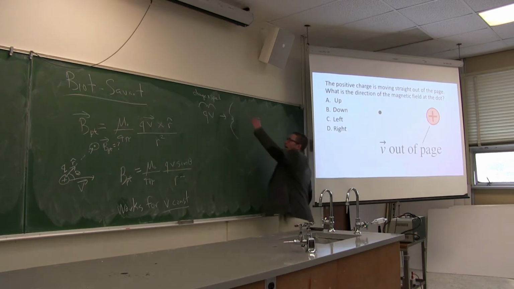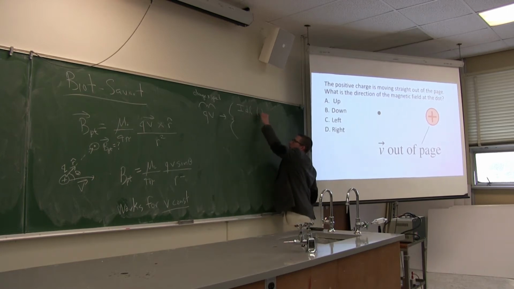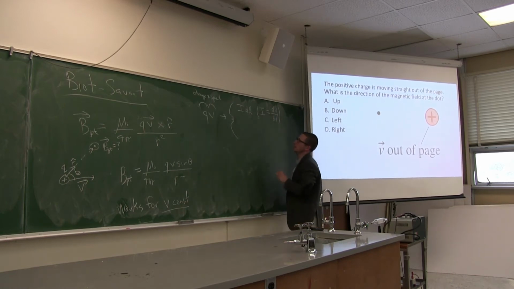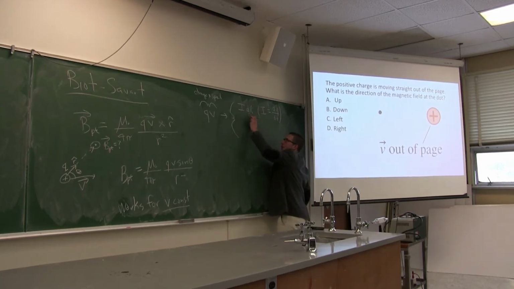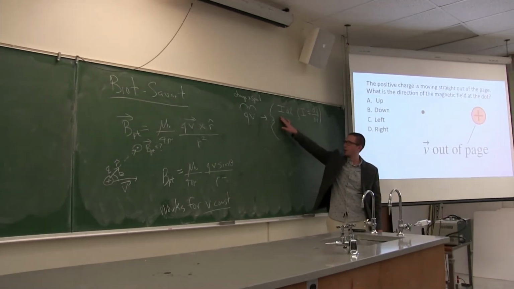One way that we saw was, I might write it as I dl. So current I is equal to dq dt. This is the linear current.